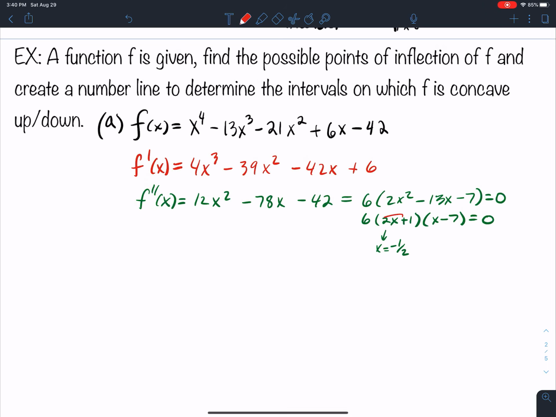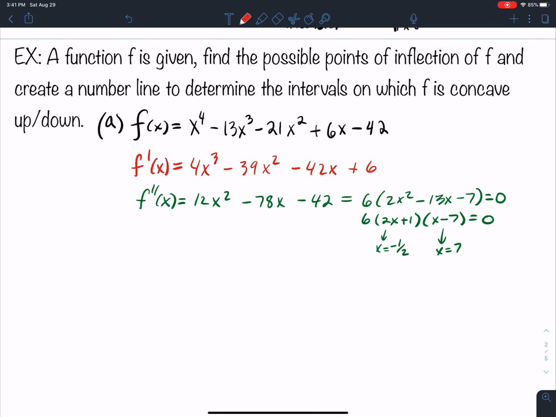Okay, now what do I know? I set each piece equal to 0. 2x plus 1 equals 0, and x minus 7 equal to 0. And so that's going to get me x equal to negative 1/2 and x equal to 7. So just 2x plus 1 equal to 0, solve for x. x will get you negative 1/2 there.